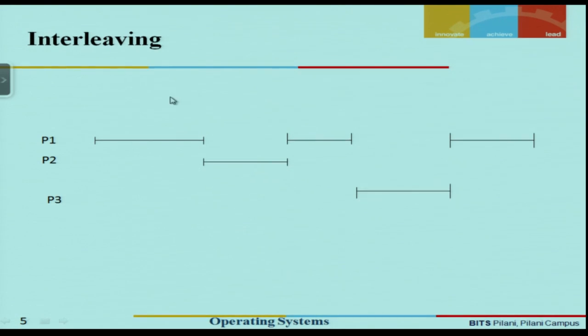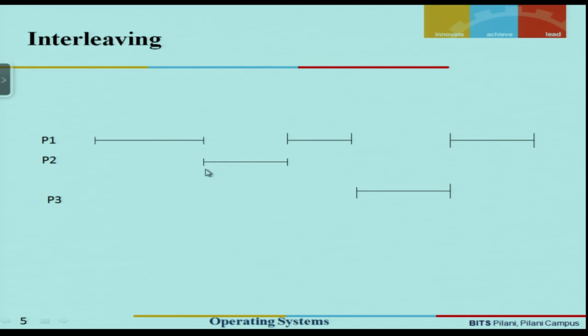So let us look at the concept of interleaving. In this case, we have three processes, and interleaving is a mechanism where processes are interleaved in time. Here we are indicating that process P1 starts in the beginning and executes up to a certain point in time, and at this point perhaps P1 makes an IO request, so it gets blocked, and when it gets blocked, P2 starts at the same instant.